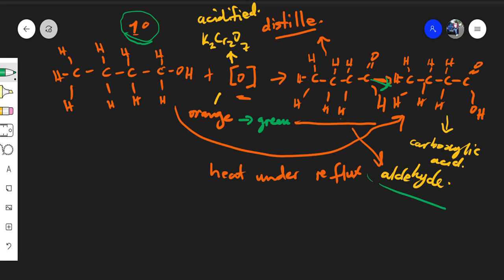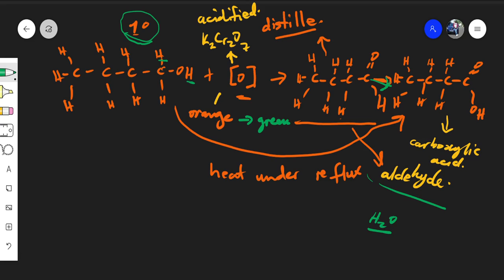And remember the other byproduct: for this oxidation to happen, we have removed hydrogen, and oxygen is going to be released, and therefore we are going to form a byproduct of water.